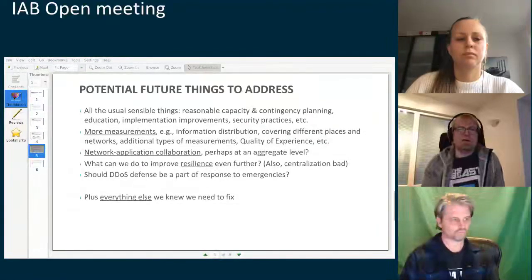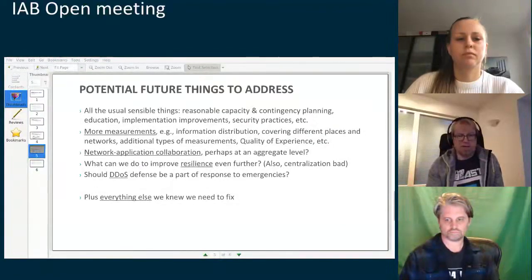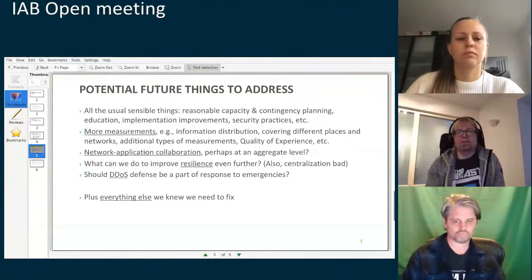Jana was at the workshop, and he talked about networks and applications collaborating, perhaps at an aggregate level instead of detailed information about flows. So that's an interesting direction to think about. We should also think about resilience in different ways.